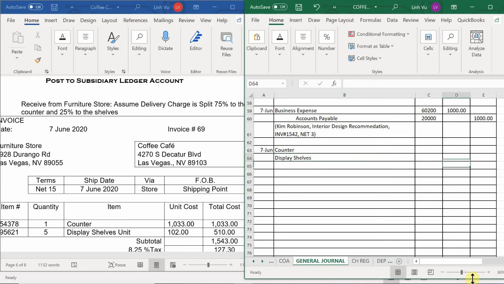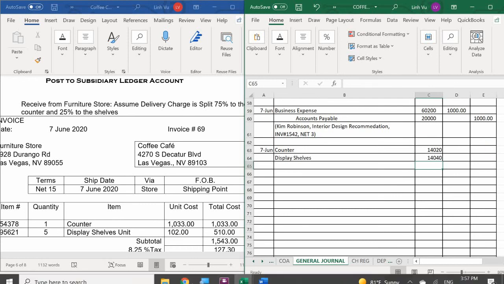Okay, I lost it. It's under furniture, that's the bistro, the table, and the chairs, and the counter. 13020. And the display shelves are, I don't know. Keep going down the list.